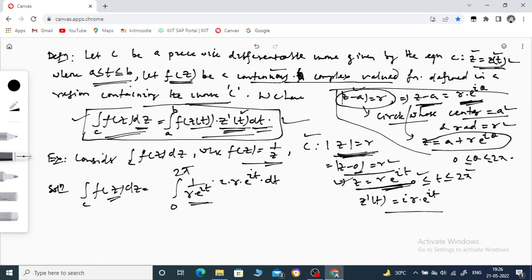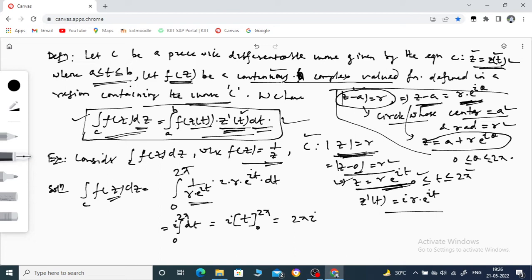So r e to the power it and r e to the power it will cancel out, and only i is left. i is a constant, so we can take it outside of this integration. So this is i times the integration of dt, which is 1, and t varies from 0 to 2 pi. So this will be 2 pi i.